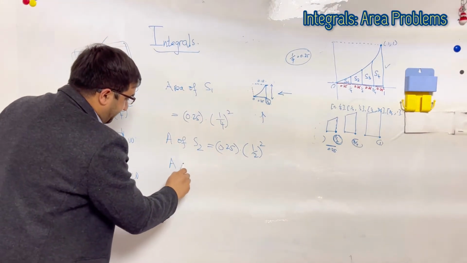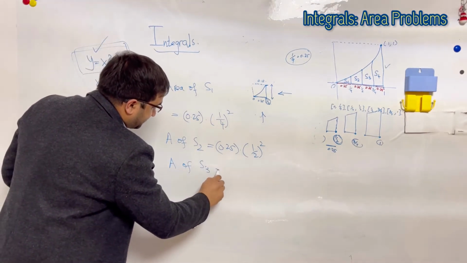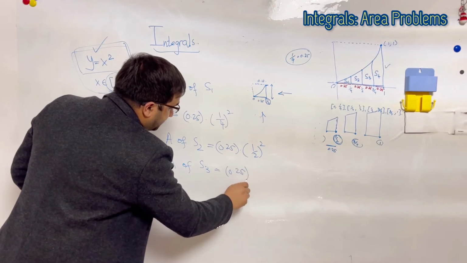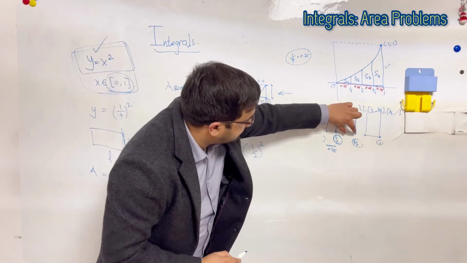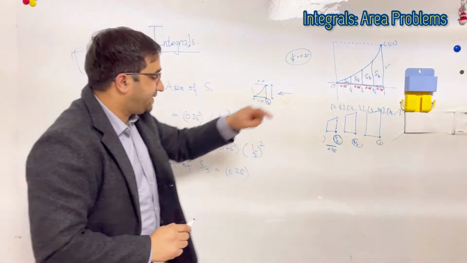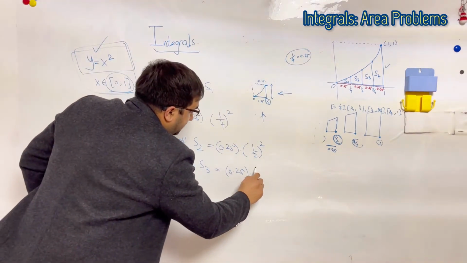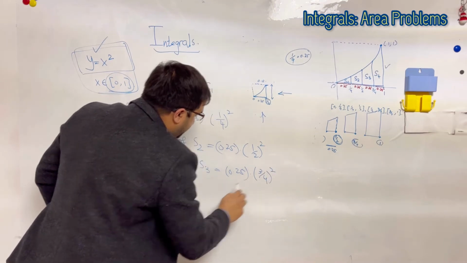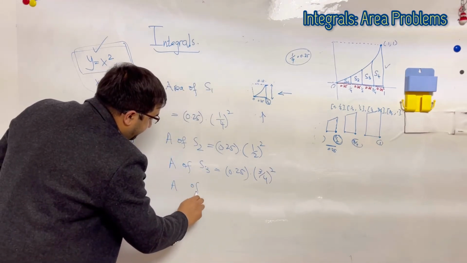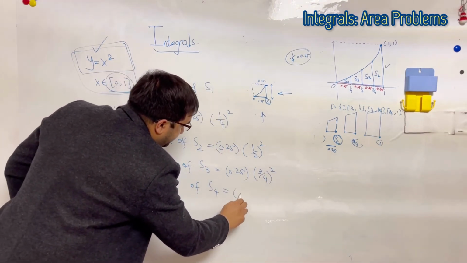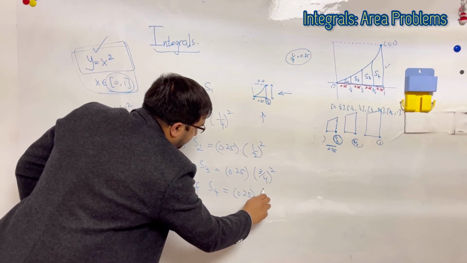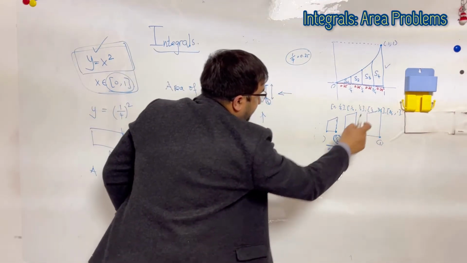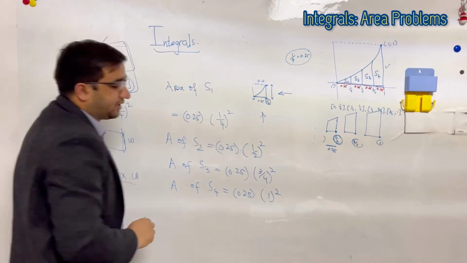Similarly, area of S3: 0.25, this width is the same because we have separated the region equally, and that one is 3 by 4 whole square, and the area of S4 is 0.25 into this number 1 whole square.